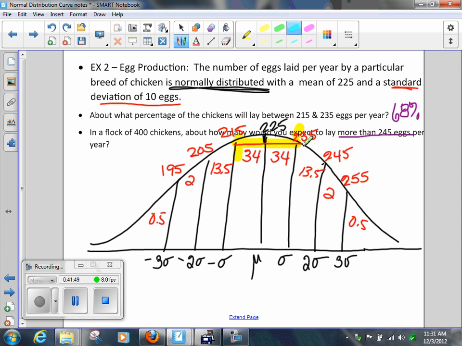How come? Because I'm going from here this way, correct? And that's going to be 2 plus 0.5. Do you guys agree with that? Easy or difficult?